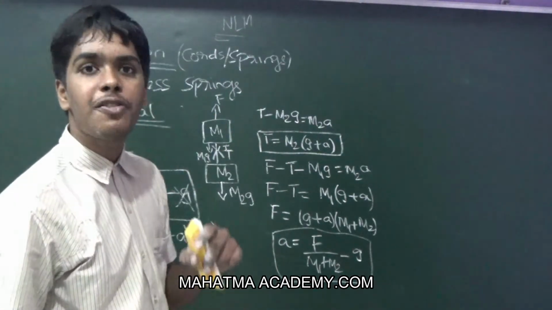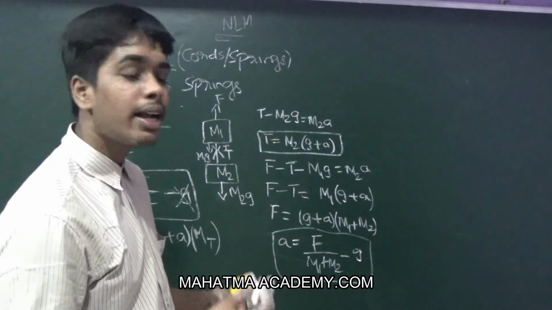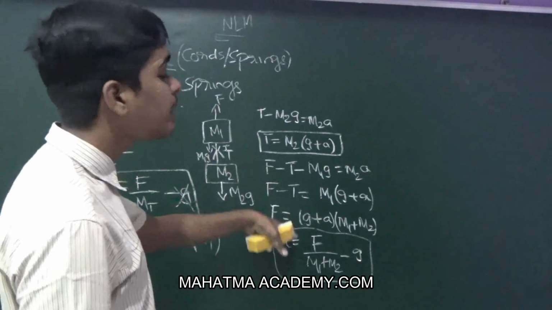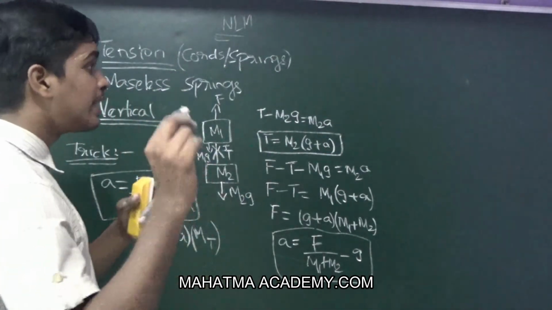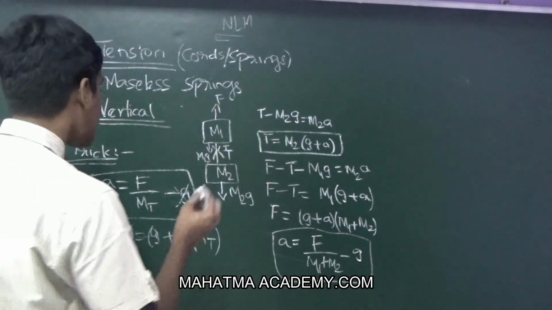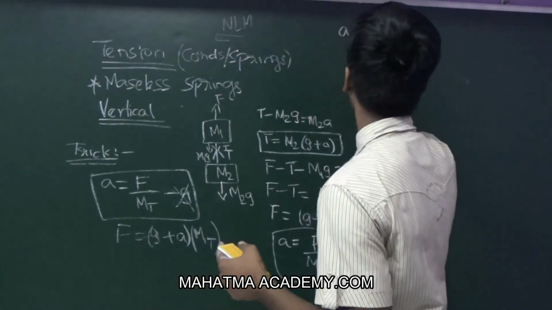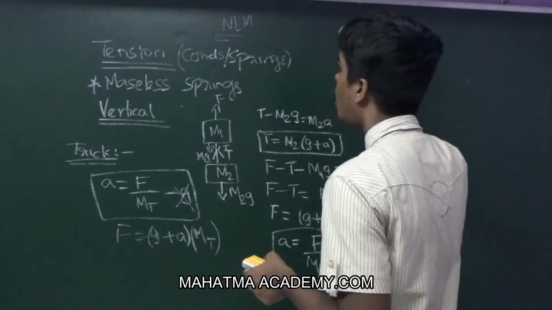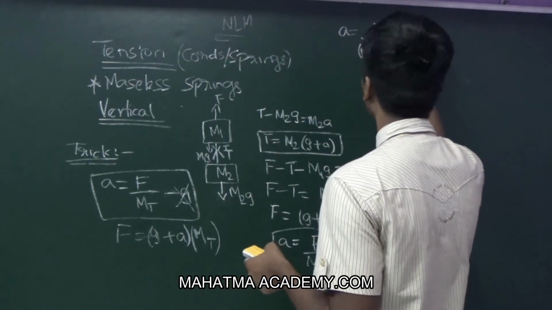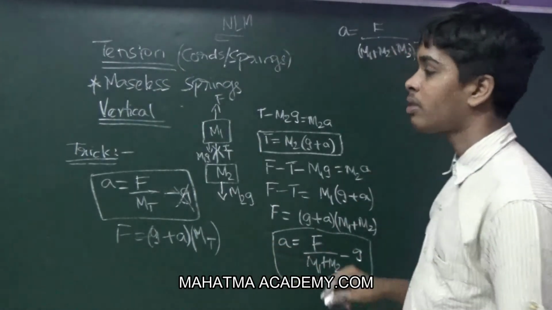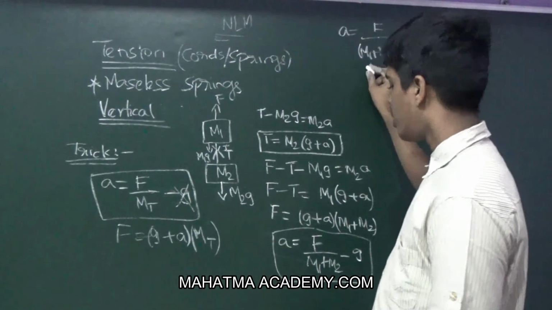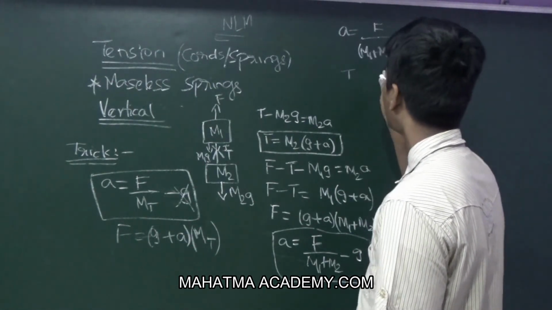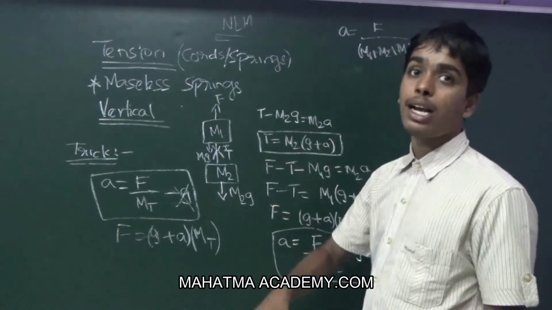Now what will happen if we take three bodies? We have discussed two bodies. Now for three bodies we get the result A is equal to F upon (M1 plus M2 plus M3) minus G. This is how we get the acceleration.